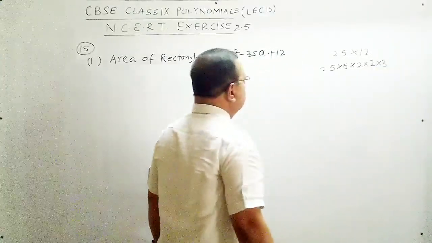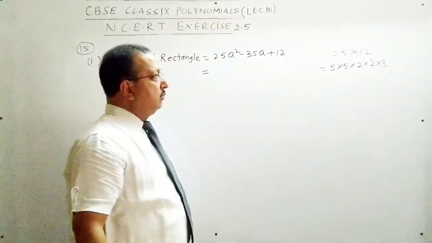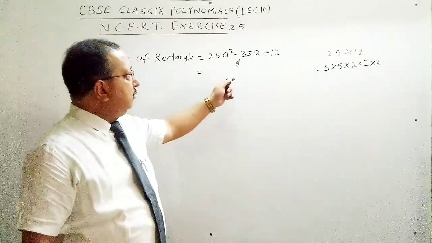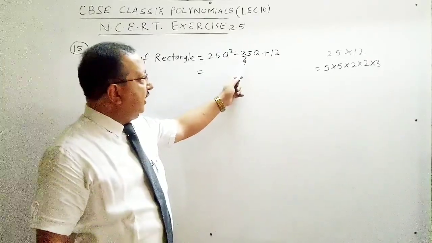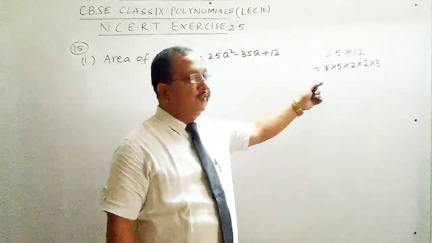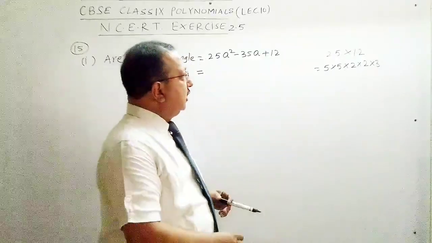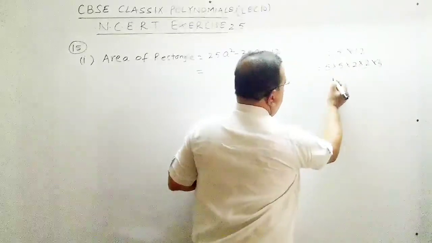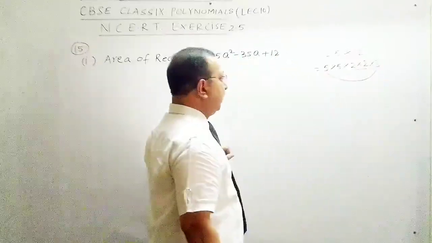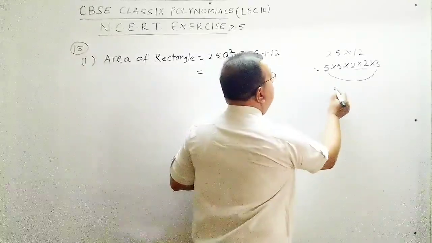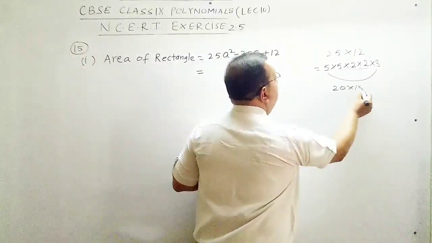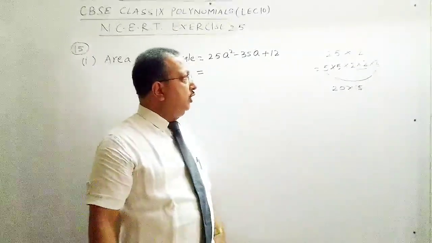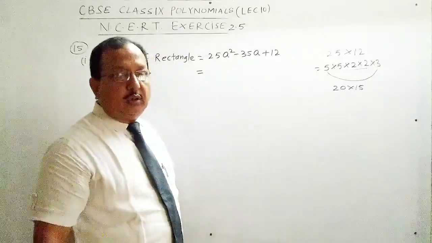Now you need two numbers such that their sum is 35 and the product is 25 into 12. Such two numbers will be 2 into 2 into 5, that is 20, and 5 into 3, 15. 20 plus 15 is 35, and 20 into 15 is equal to 25 into 12.